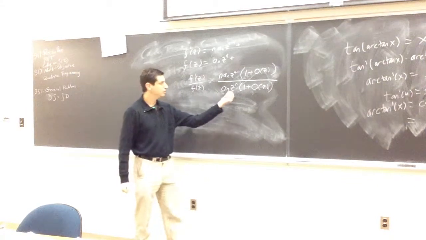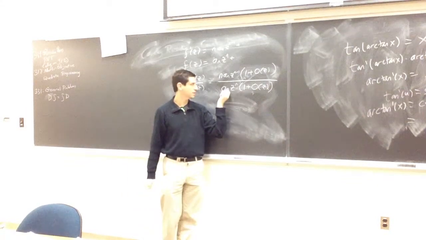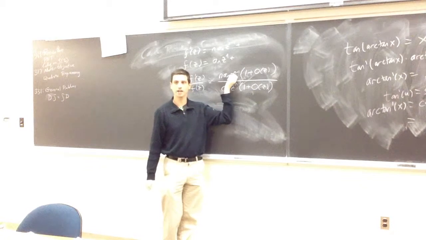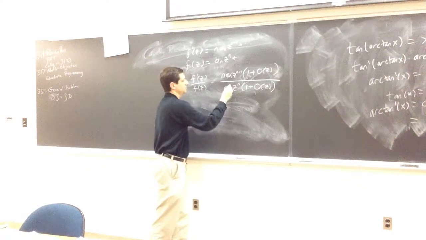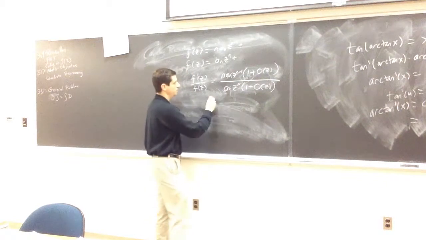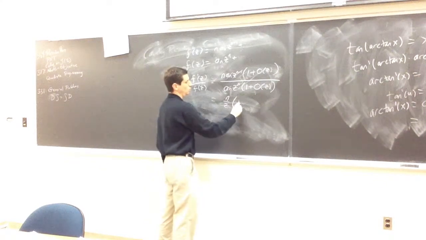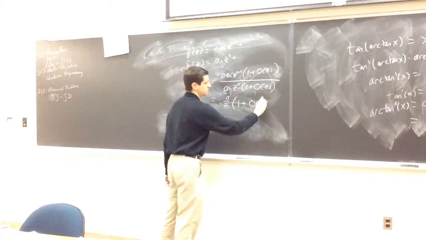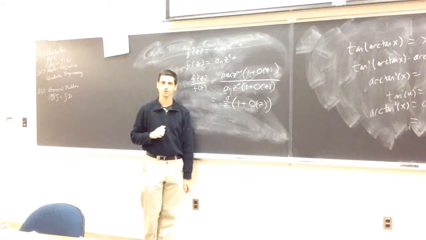So when z is very close to 0, the denominator looks like a_n z^n, the numerator looks like n a_n z^(n-1). The a_n's cancel. The z^(n-1) cancels with part of the denominator, and I'm left with n over z, times 1 plus something like this when you do all the algebra out.